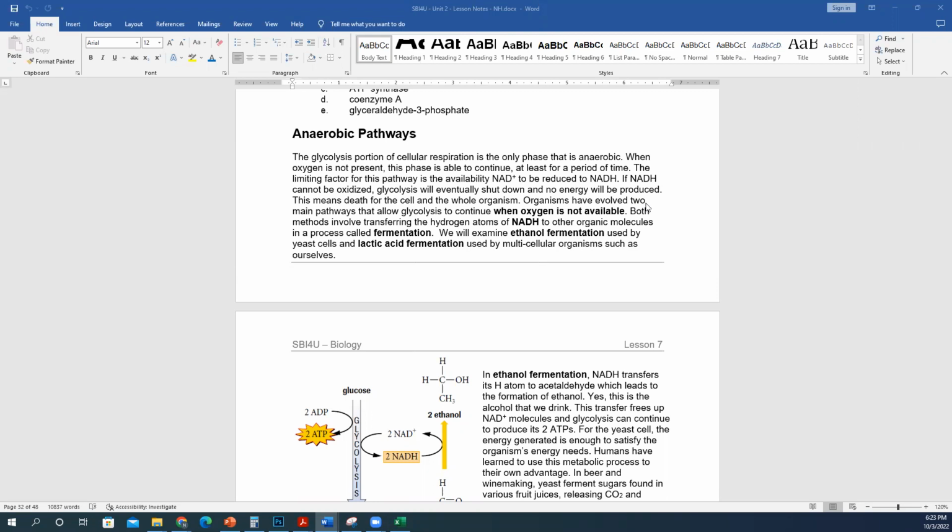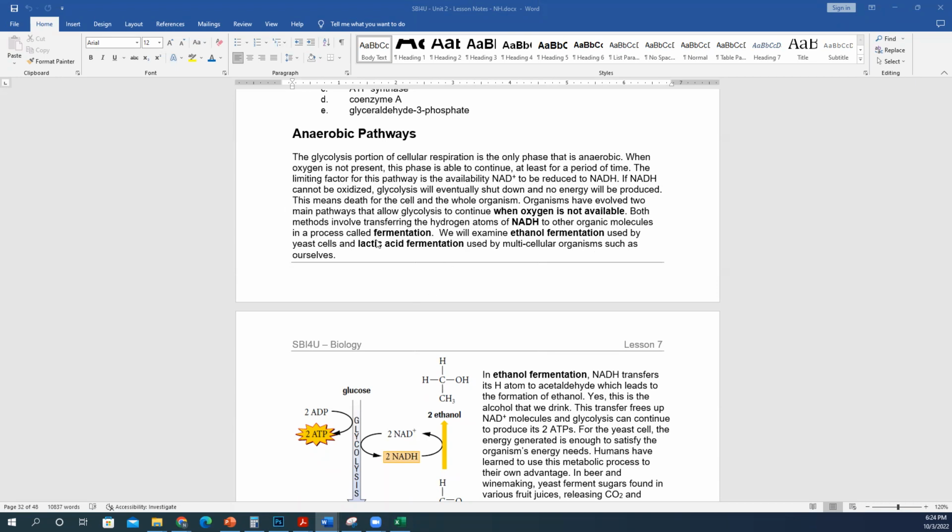So organisms have typically evolved two main pathways to allow glycolysis to continue when oxygen is available and also when oxygen is not available. Both of these methods involve the transfer of hydrogen atoms from that NADH to other organic molecules in a process called fermentation.